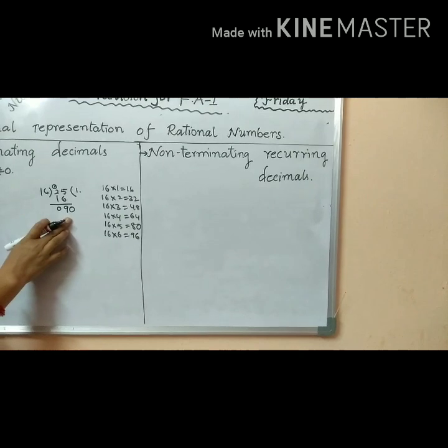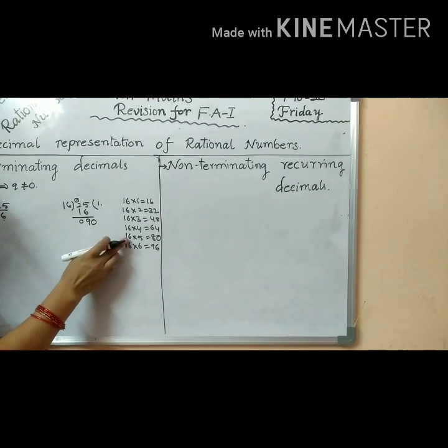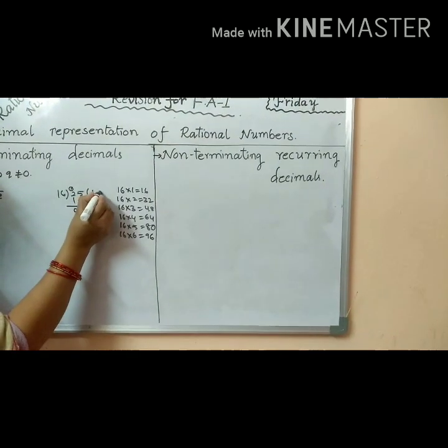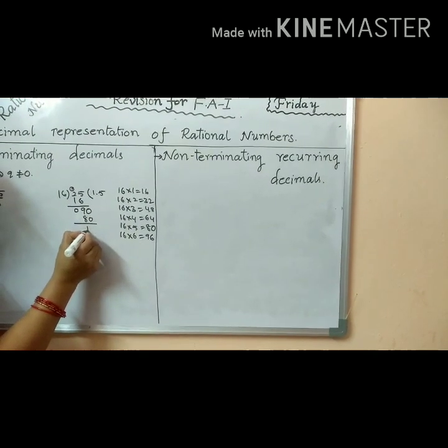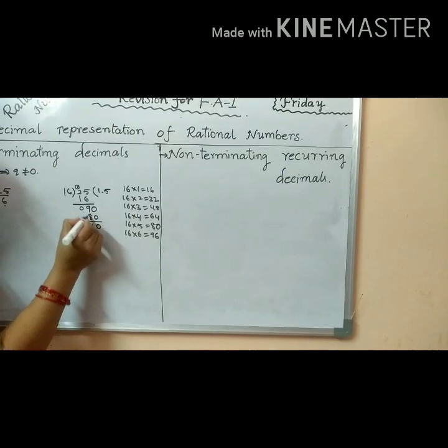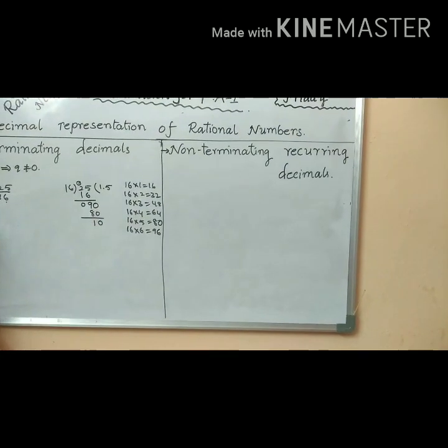Here 90 is there. So how many times is it possible? 5 times. 16 fives are 80, remaining 0 minus 0, 9 minus 8, 1.